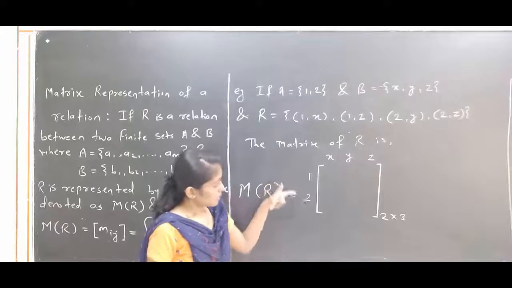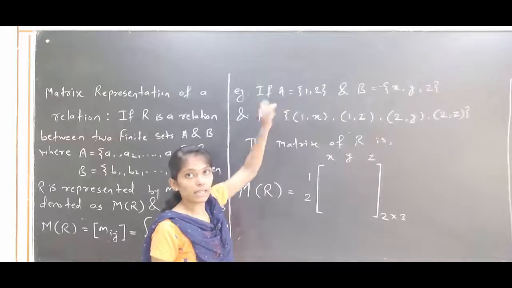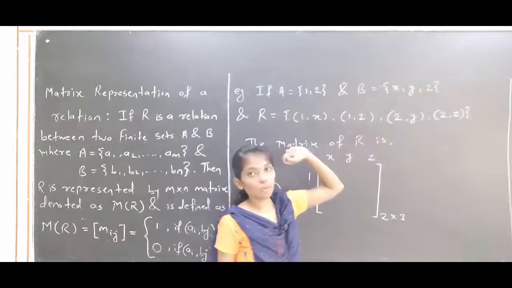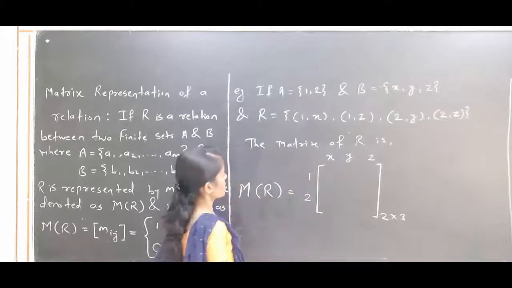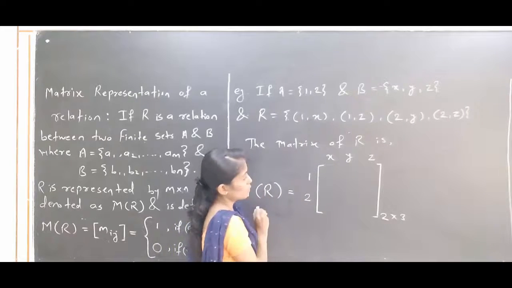We represent the rows by the elements of set A and the columns as the elements of set B.